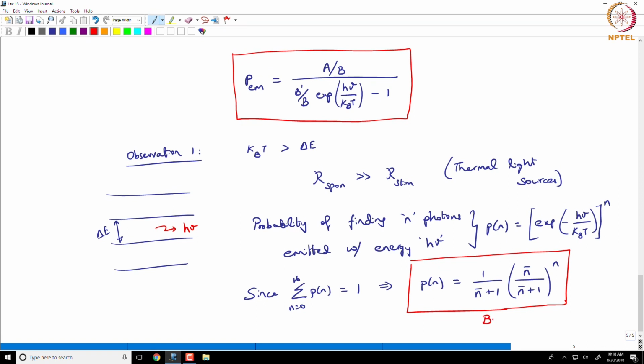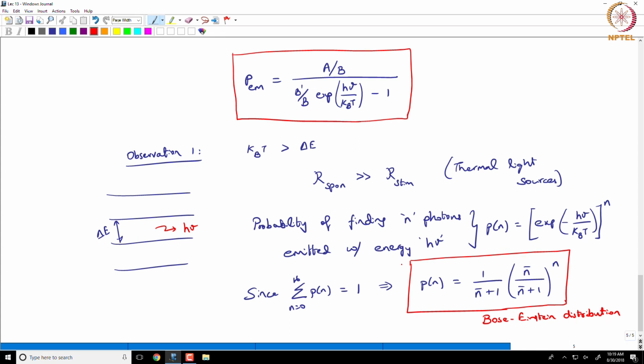This is actually what we call the Bose-Einstein distribution. Okay, and in such a case, we are talking about thermal light sources, right?